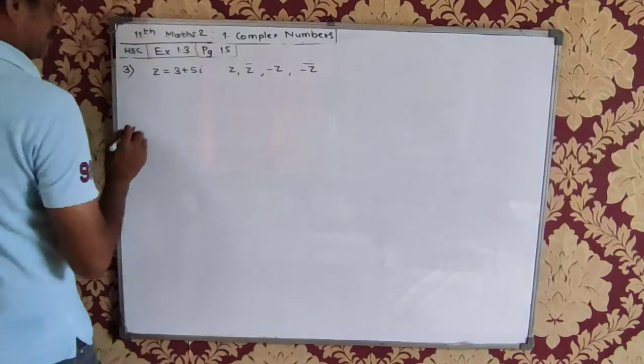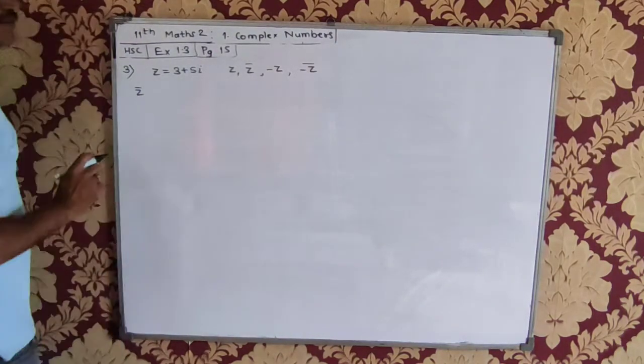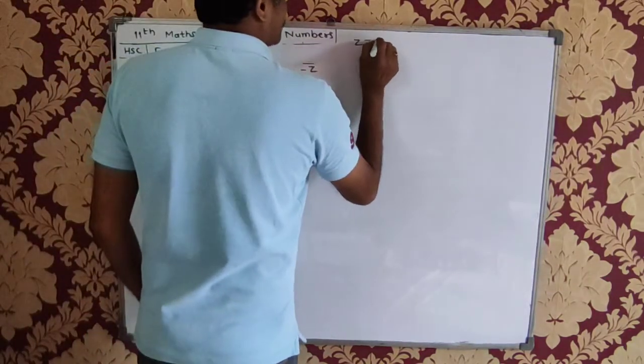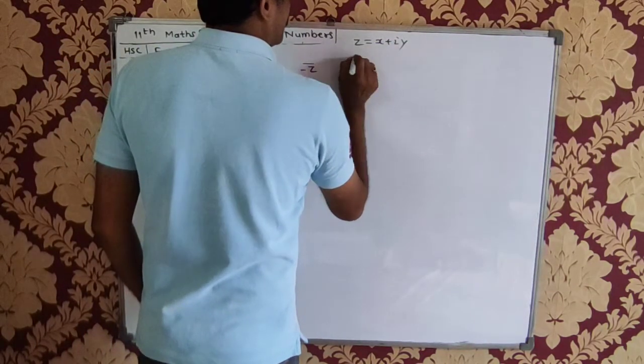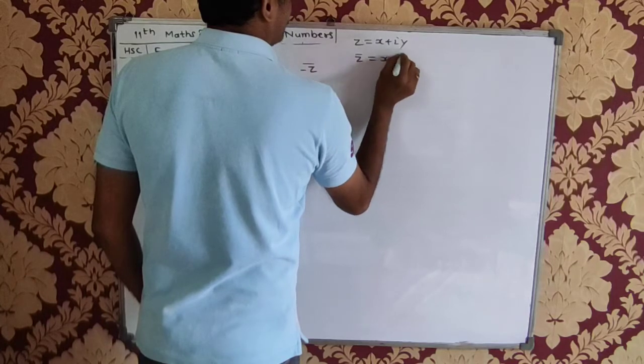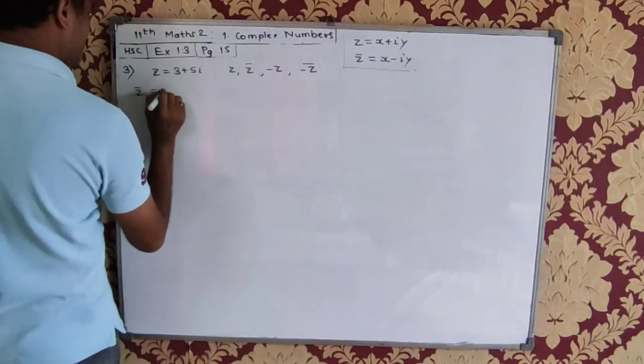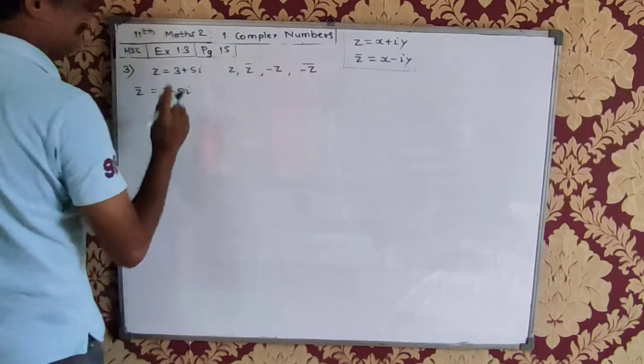This is z. Z bar is called the conjugate of this complex number. If z is equal to x plus iy, then z bar is equal to x minus iy. As simple as that. So here z bar will be equal to 3 minus 5i.